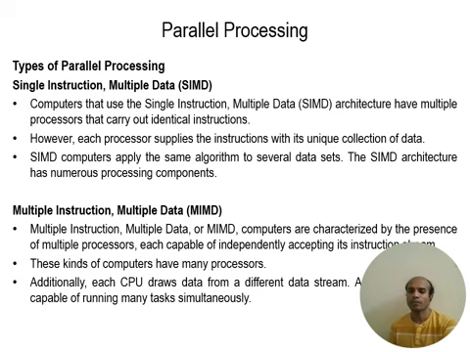These kinds of computers have many processors. Additionally, each CPU draws data from a different data stream and they are capable of running many tasks at the same moment. So multiple instructions, multiple data.